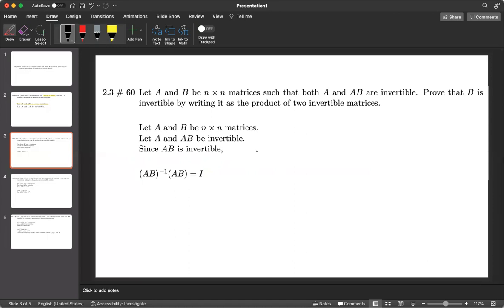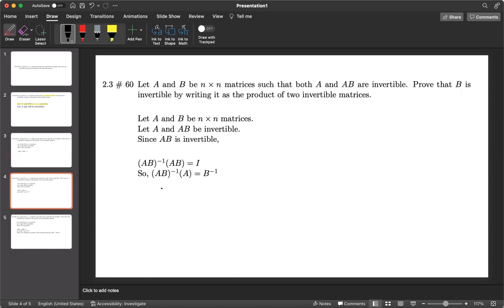So we know that AB inverse times AB is the identity matrix. So from there, we can get this B and get the inverse of it on the other side.